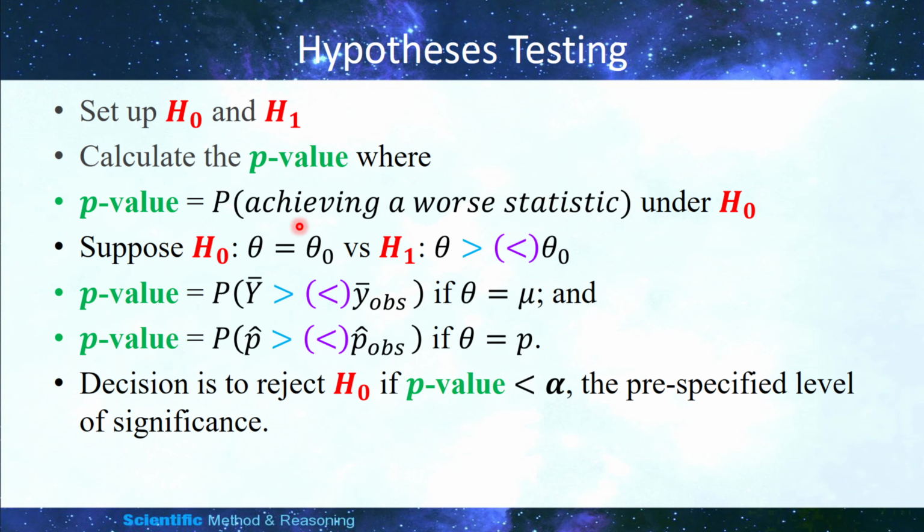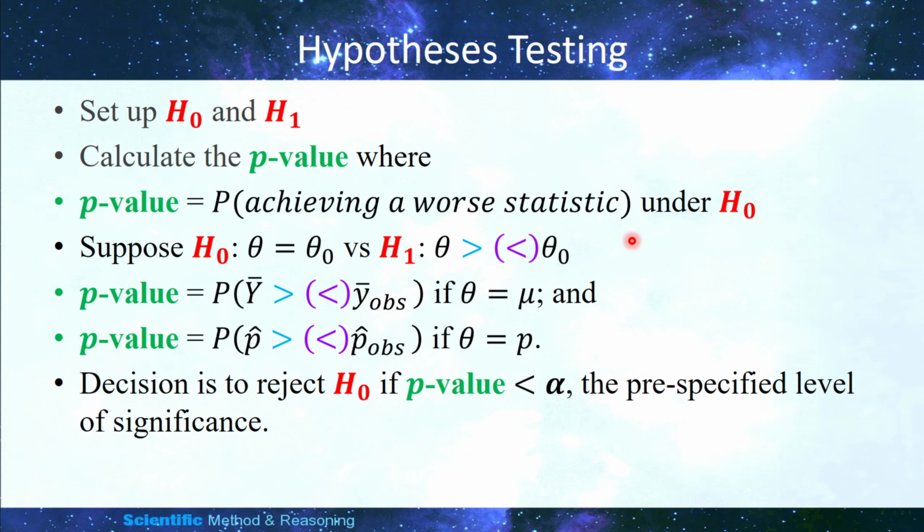Suppose the null hypothesis is that the parameter of interest equals the pre-specified value, theta naught. For example, theta can be the population mean, mu, or the population proportion, p, against the alternative that the population parameter theta is greater than the pre-specified value theta naught, or less than theta naught, a one-sided test.